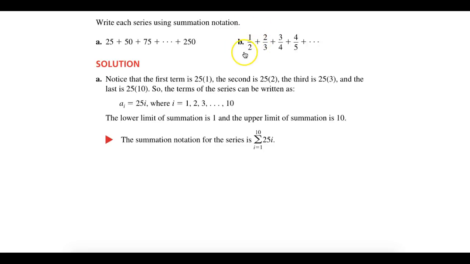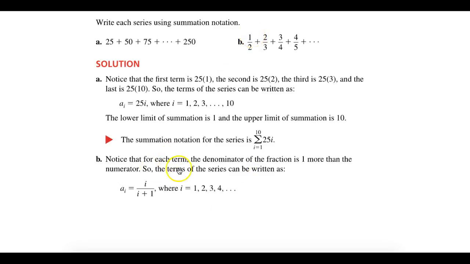Now, if you try to look and see what pattern we have, our numerator is always 1 less than our denominator, or our denominator is 1 more than our numerator, depending on how you want to look at it. So for each term here, we've got a rule right here. Our fraction is just our I value over I plus 1.